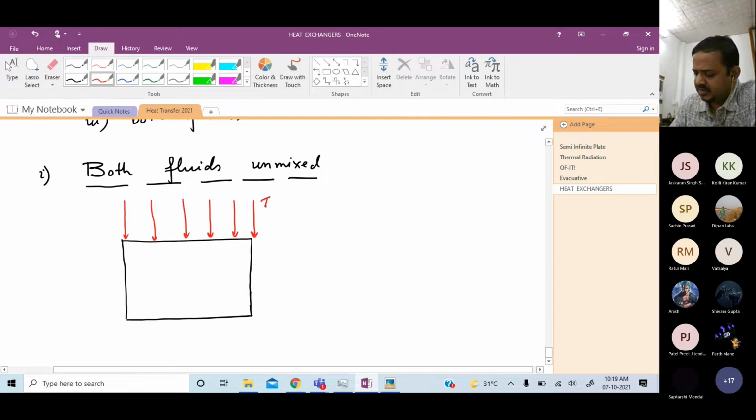This is THI. Similarly, the cold fluid comes, because cross flow, right? The cold fluid comes from the left. And this is TCI.